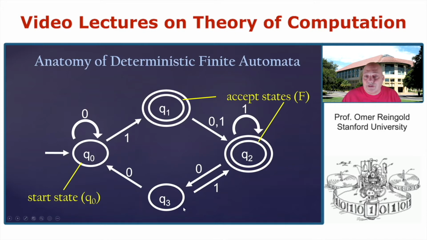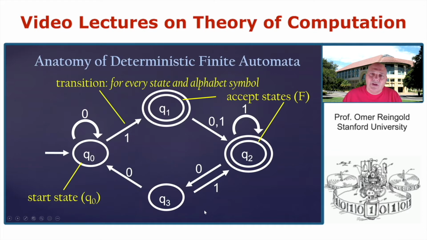The rest are just standard states. In addition, we have the transition function that tells us how we move from one state to the other. So if we are in state Q0, we read a 1, we move to the state Q1. For every state and for every alphabet symbol, we move to a different state.